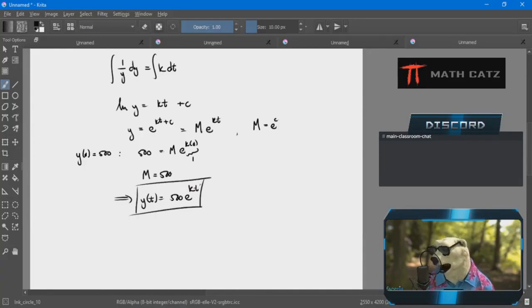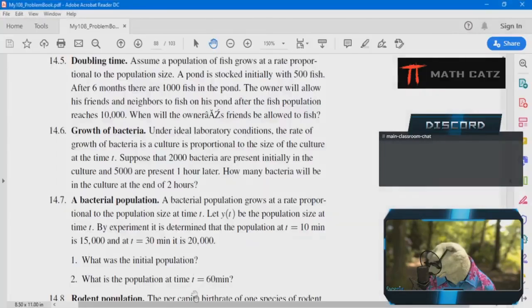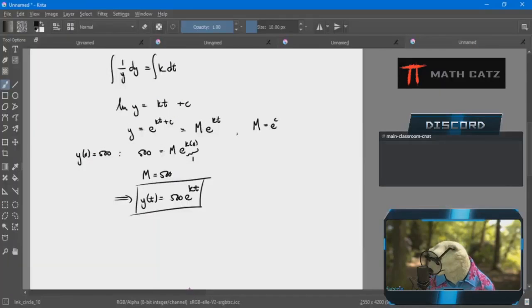I still need to find k to be able to use this function completely, but they also give me extra information. They give me the fact that after 6 months, there will be 1,000 fish. So this is what we call doubling time, that from 500 double to 1,000 takes 6 months. And we'll say something about that in a second.